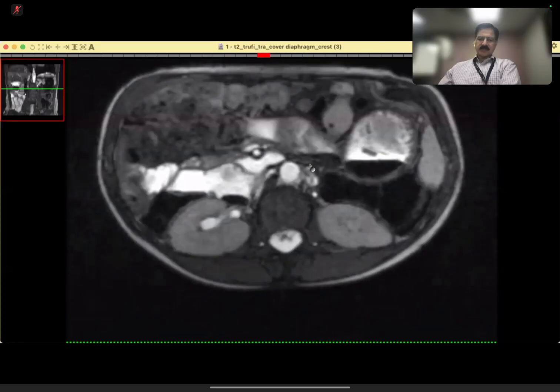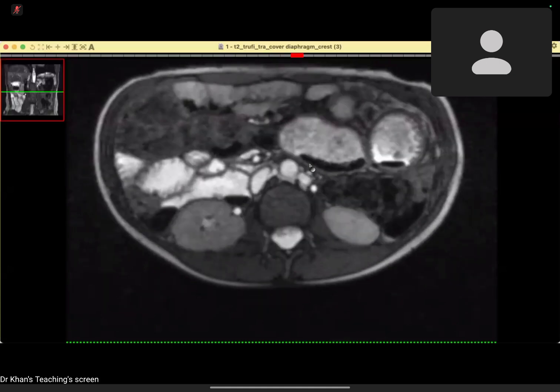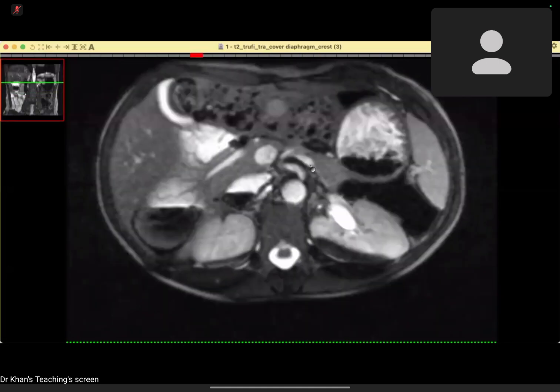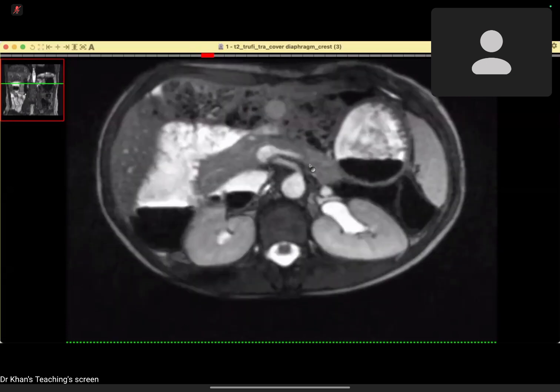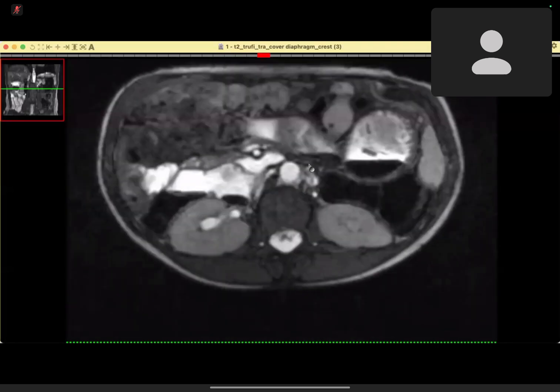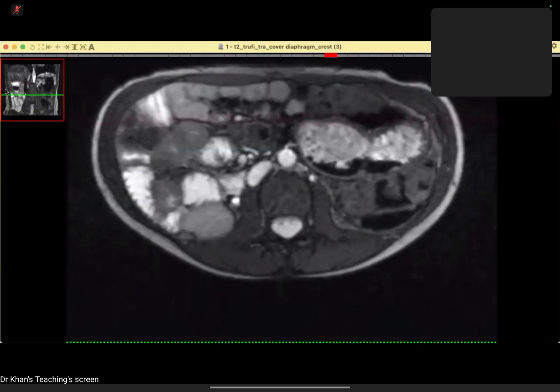Malrotation. Yeah, because the duodenum, the third part, didn't pass onto the left side of the midline, and it's seen on the right side. Right.